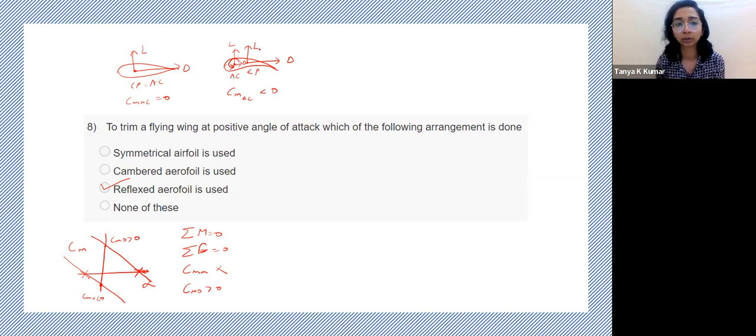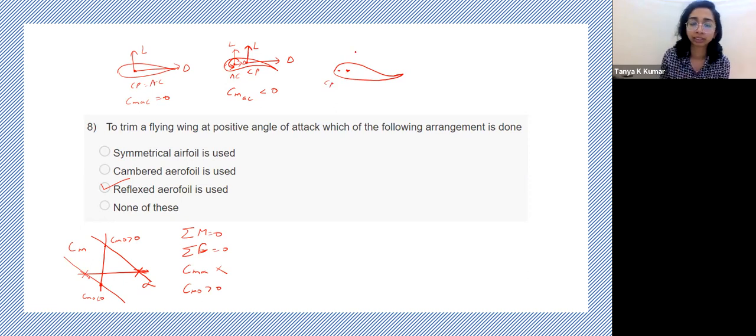So we introduce something known as a reflexed airfoil. What happens here is you have a slight curve towards the end. So you have something like this. What happens here is that it produces a positive moment. So your effective lift generated here reduces. The drag increases, lift generated reduces. So when you transfer the forces, the center of pressure will move somewhere here.